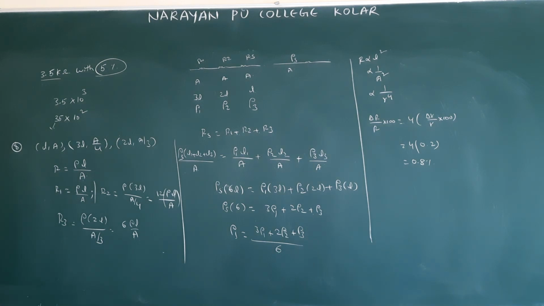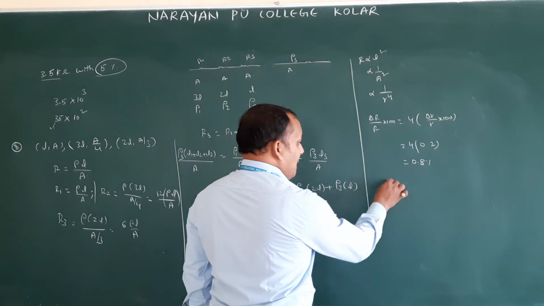Next, question number 11. A set of n identical resistors, each of resistance capital R, when connected in series, has an effective resistance R1. When the resistors are connected in parallel, the effective resistance is R2. Then they are asking for the relation. R1 is in series, R2 is in parallel. All have equal resistance.